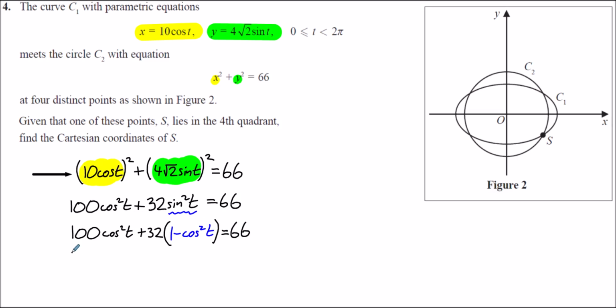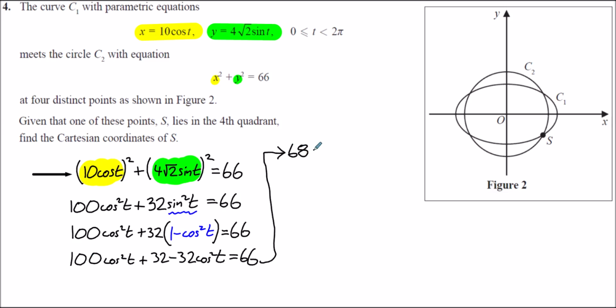So expand out, we get 100 cos squared t plus 32, then minus 32 cos squared t equals 66. So now, if I were to subtract 32 from both sides, and to simplify how many cos squareds I've got, 100 take away 32 of them gives 68.